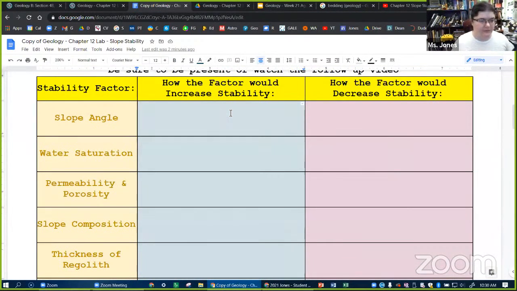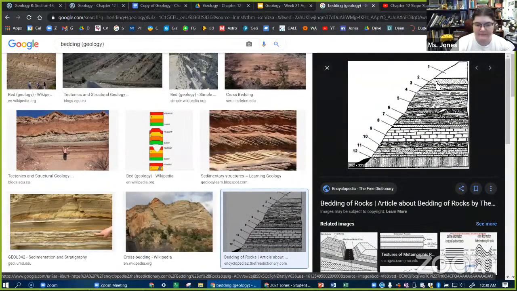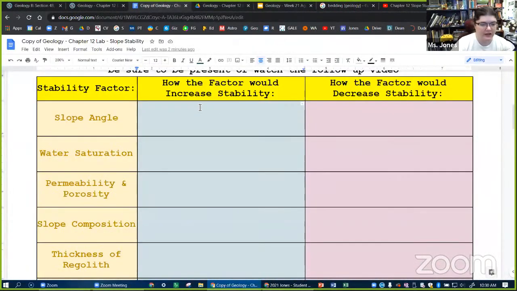So, slope angle. Slope angle is the actual hill itself. If we were to look at this here, that is the side of the slope, the actual part that you would be walking on. If that is equal to or less than the angle of repose, that will make it more stable.